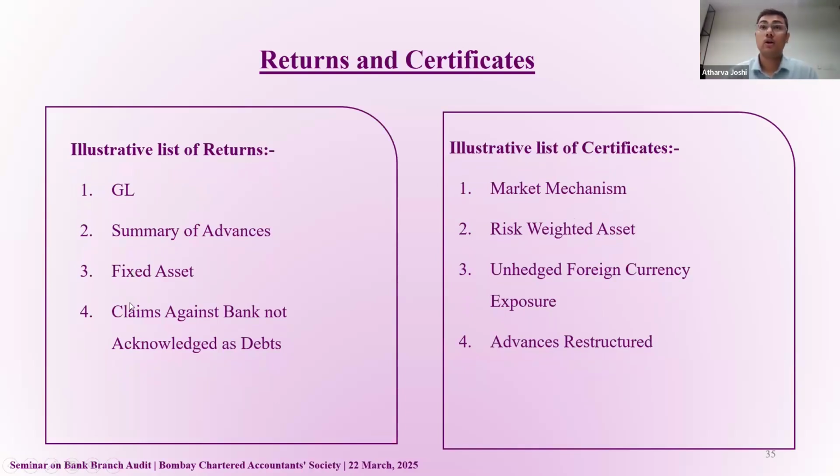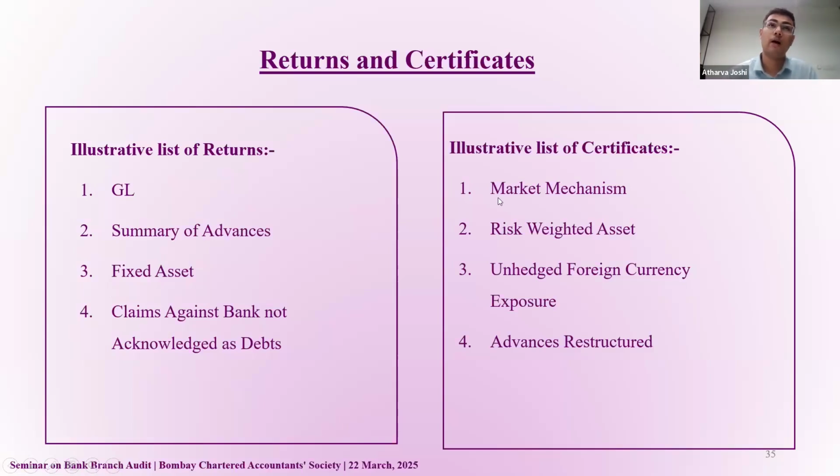Then it also contains a separate return regarding depreciation, closed block of depreciation and net block of depreciation. Then the fourth one is regarding claims against the bank which are not acknowledged as debts. Basically, this is the summation of your contingent liability, which is part of your Schedule 12, an off-balance sheet item again. Now we shall see an illustrative list of certificates.